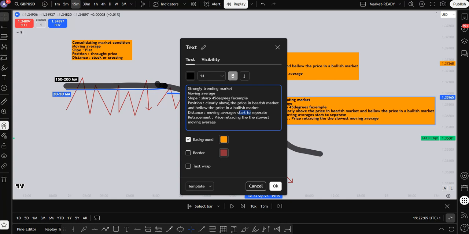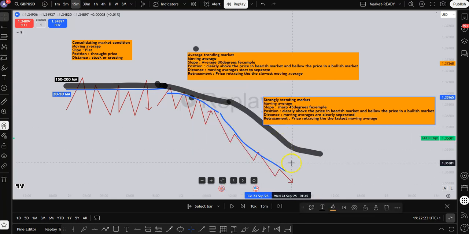The distance between the moving averages is clearly separated. Retracement is progressing to the fastest moving average. So here price was retracing to the 150 or 200. Here price was retracing to the 20 and 50 moving average.